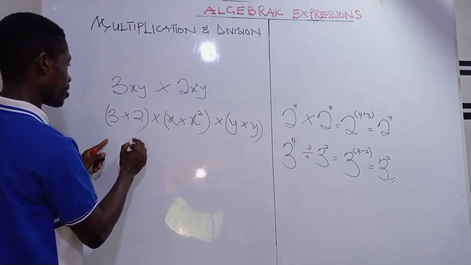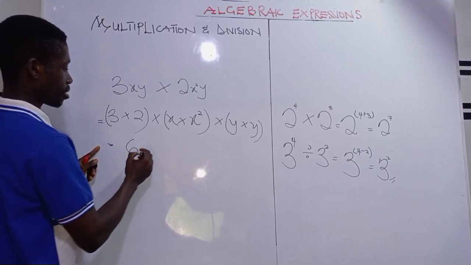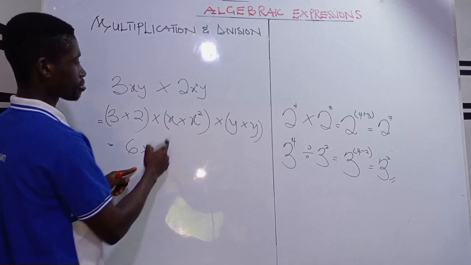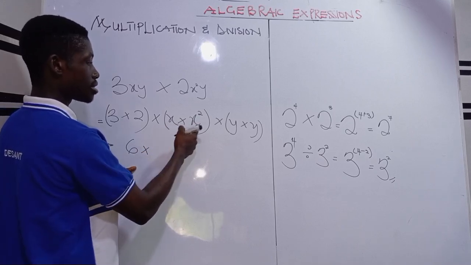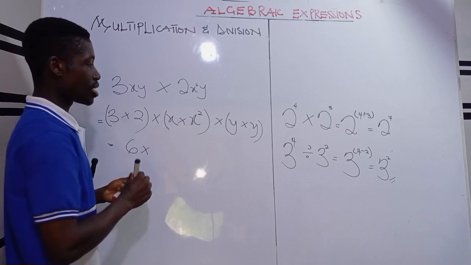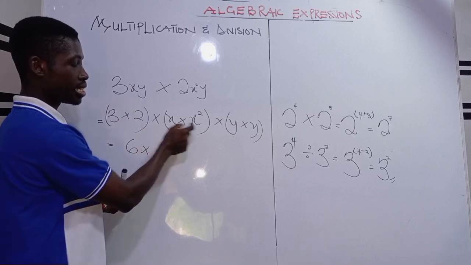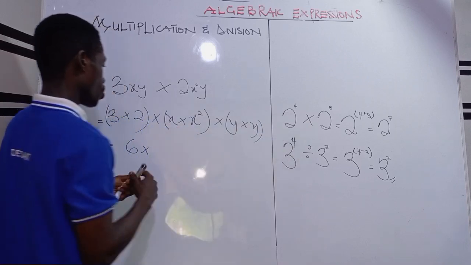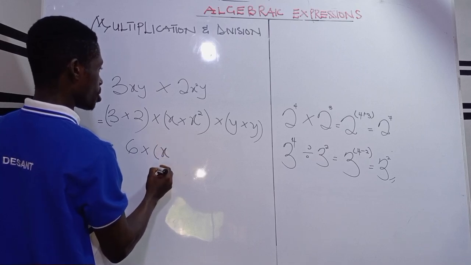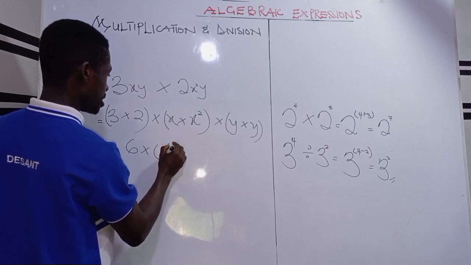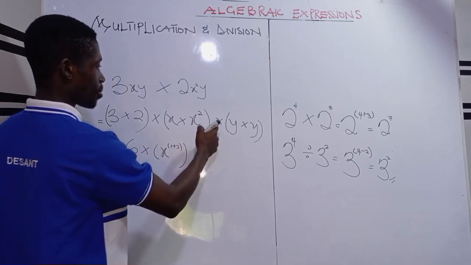So 3 times 2 give us what? 6. So we have times x and then x. Since they have the same base, we are going to pick one of the base and then we add their exponent indices. Then we have times y and y.